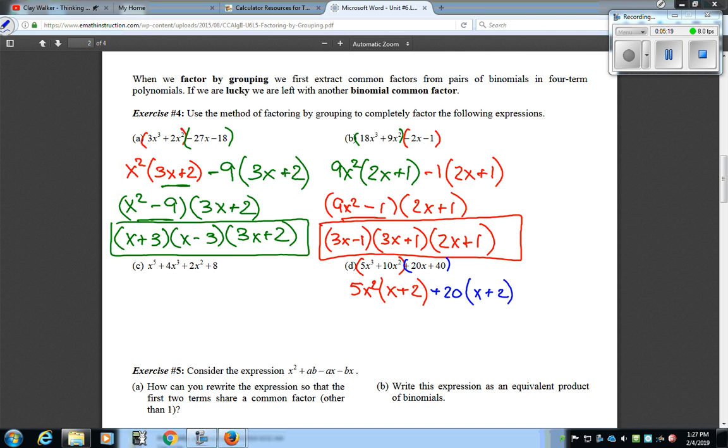So what I have right now is 5x squared plus 20, and then x plus 2 in the second parentheses. Looking at the 5x squared and 20, I can factor out a 5. So that means I have a 5 in front, x squared plus 4, and x plus 2, and that would be my completely factored form.